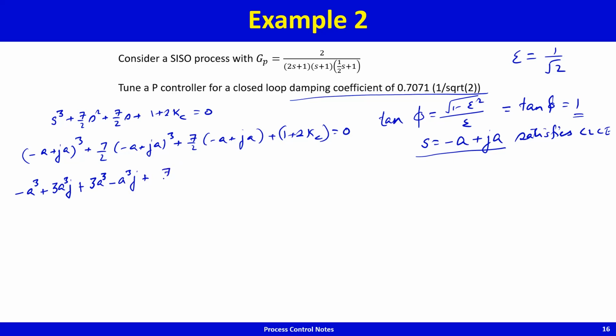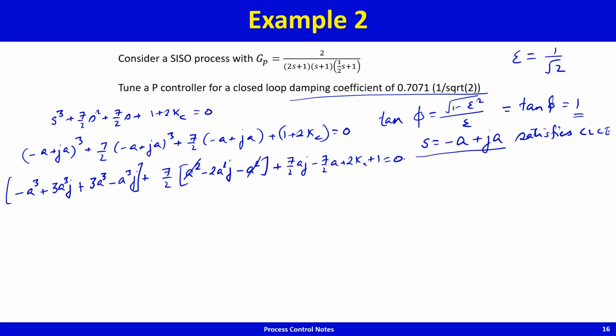Then 7 by 2 times the square: a square minus 2a square j plus ja whole square, which is minus a square. These two terms cancel out. Then plus 7 by 2 aj minus 7 by 2 a plus 2kc plus 1 equal to 0.